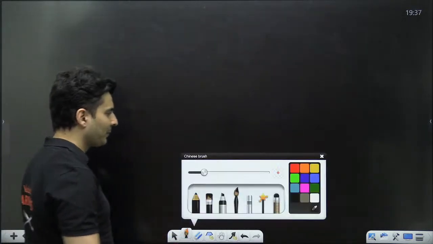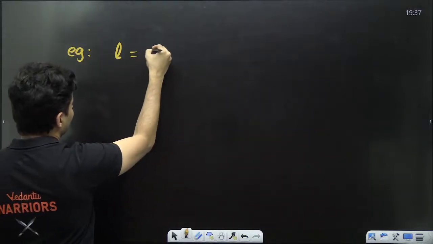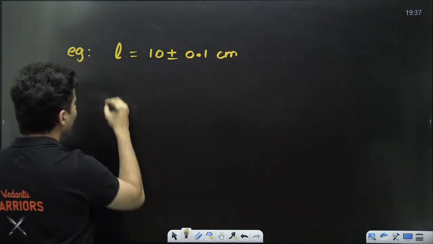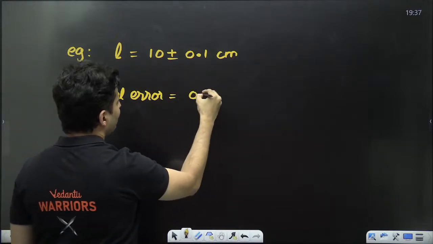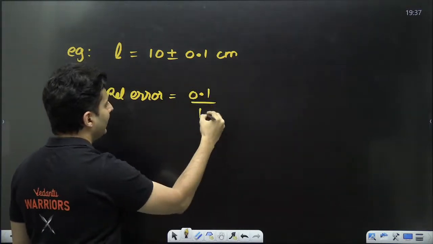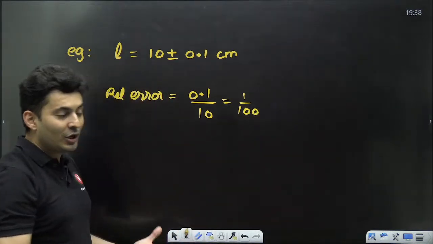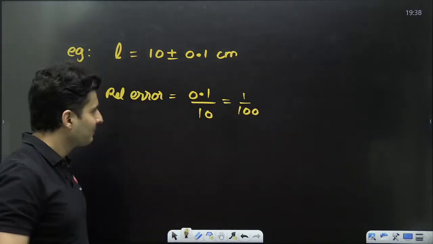As simple as that. So say for example, I say the length is 10 plus or minus 0.1 centimeter. The relative error is 0.1 divided by 10, which is 1/100th. So if you measure 100, there is a margin of error of 1 unit.